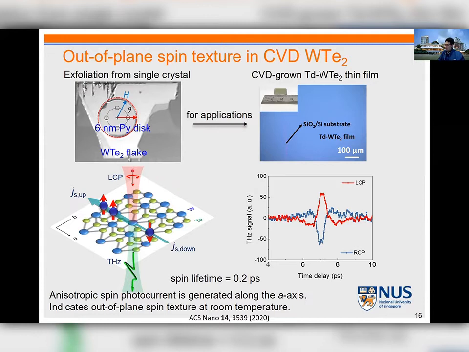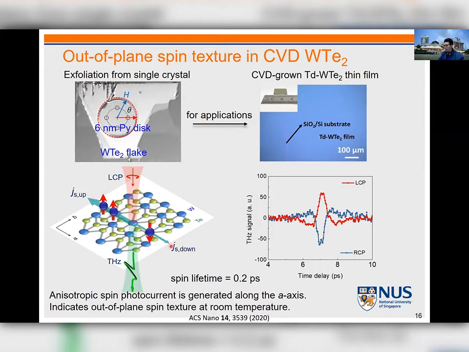Once we shine circularly polarized light, we can couple either up or down spin, and then just measure the emitted terahertz. We can deduce what the spin photocurrent is in this device. By just changing the helicity of the excitation laser, we find sometimes positive or negative spin photocurrent, which is connected with up spin moving in one direction or down spin current moving in the opposite direction.